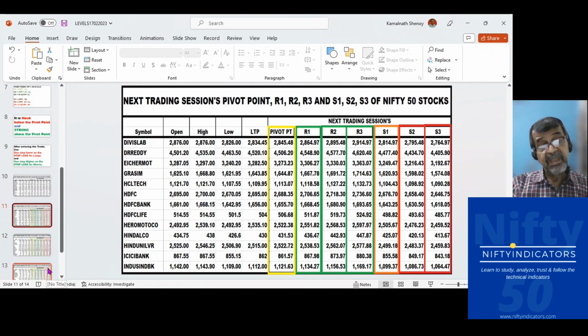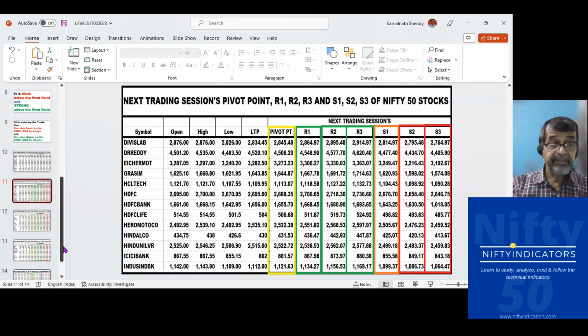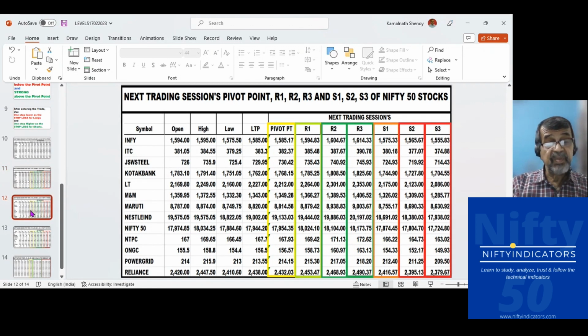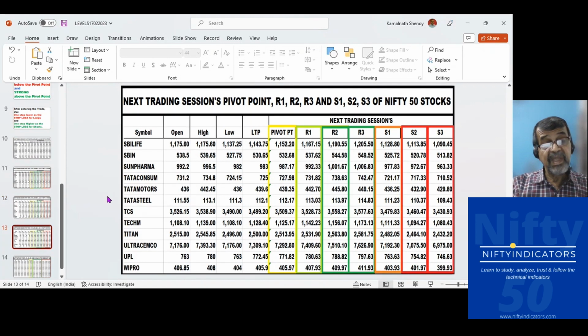This is the next page, Divi's Lab to IndusInd Bank. This is the third page, Infosys to Reliance. This is the last page of Nifty 50 stocks, SBI Life to Wipro.